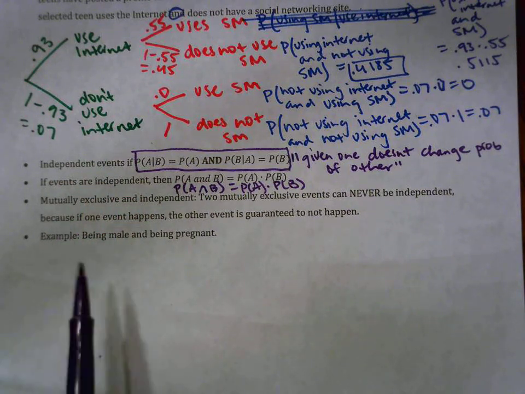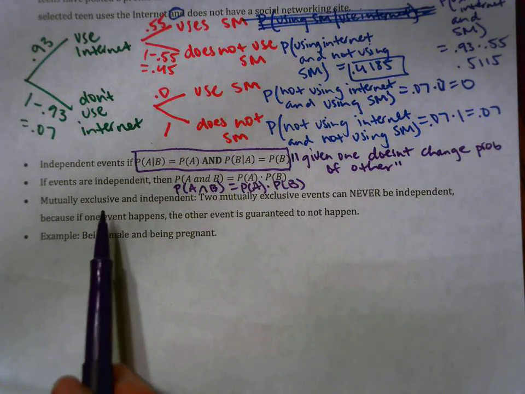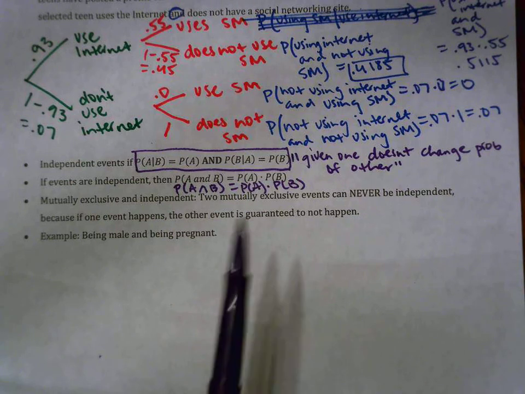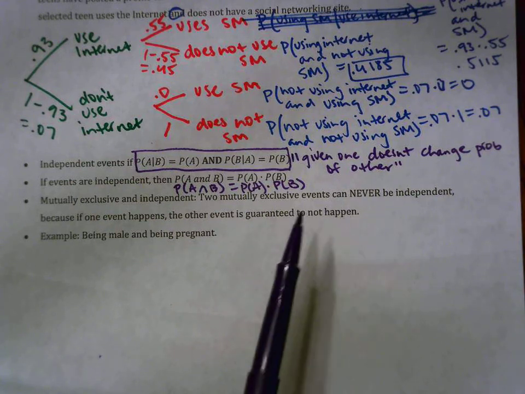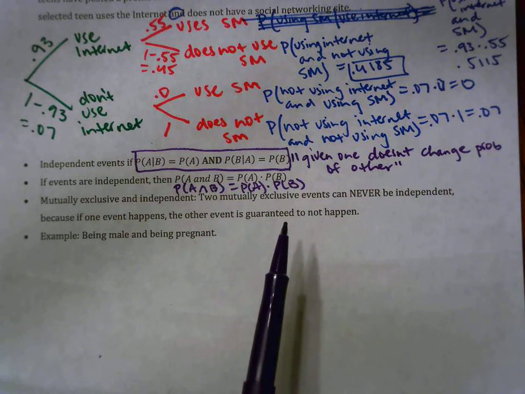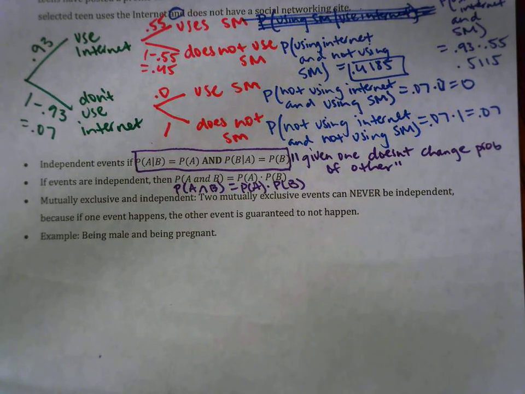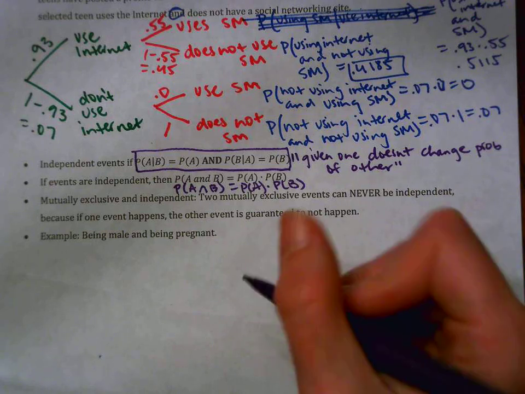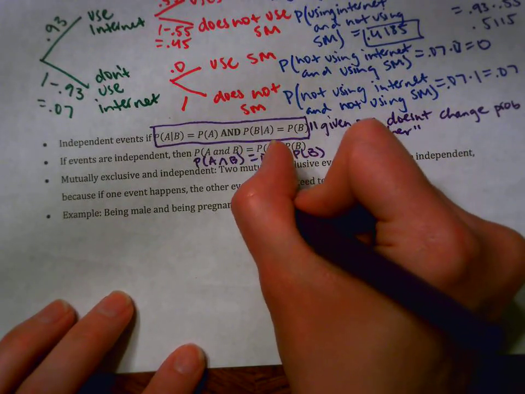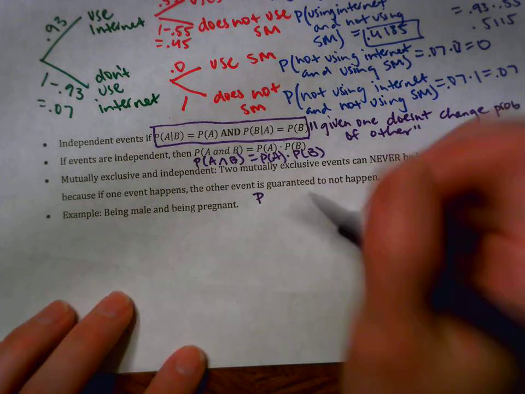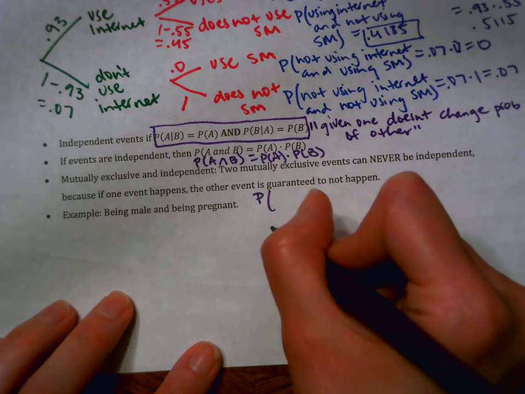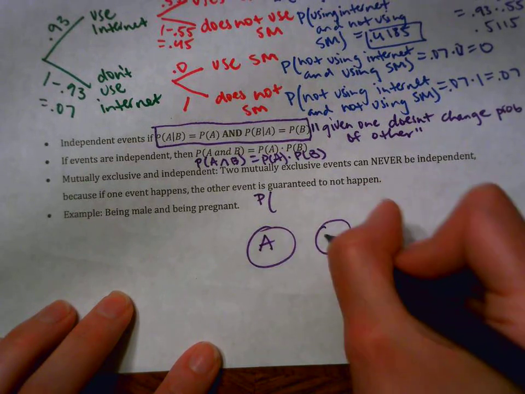And then the last thing is, if they're mutually exclusive and independent, or that can't happen, right? So if you're mutually exclusive, you cannot be independent, because if one event happens, then the other event's guaranteed not to happen, which would mean it changes the probability, right? So, for example, let's use a Venn diagram, right? So if you're mutually exclusive, you don't overlap.